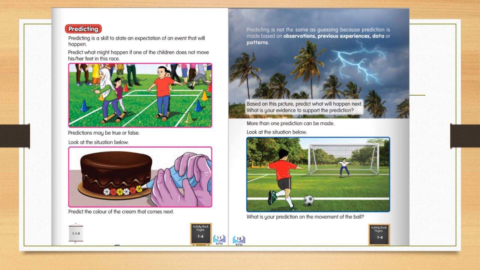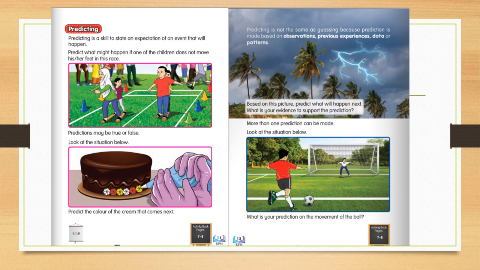Look at the next picture. Wow, your mom is baking and making a cake for you. Can you predict the color of the cream that comes next? Look at the sequence of the color of the flowers.